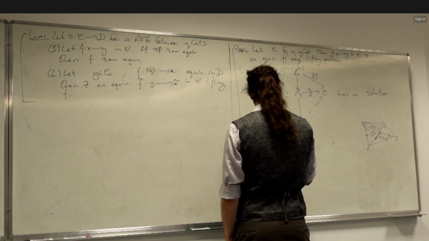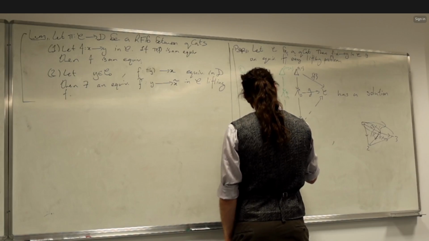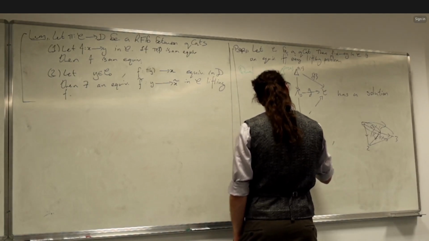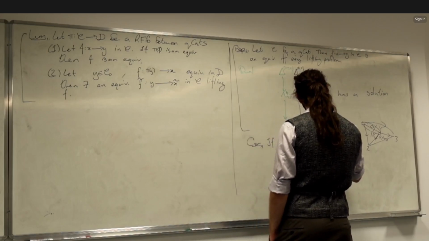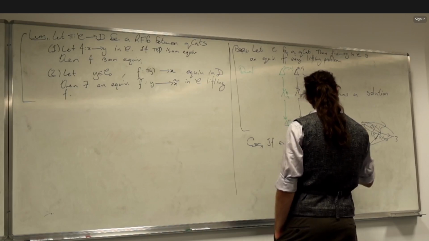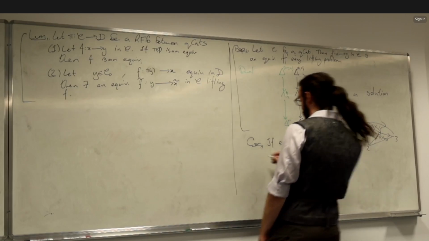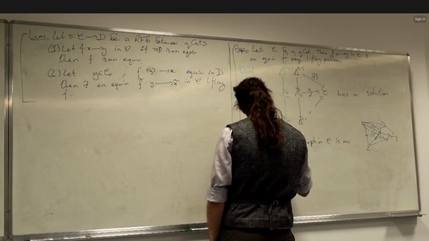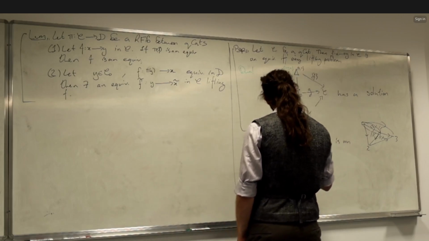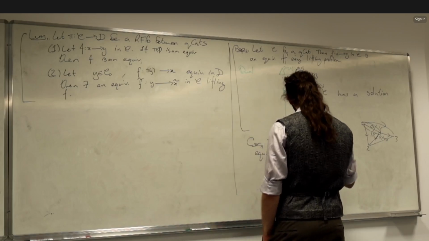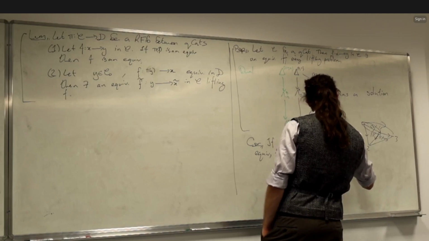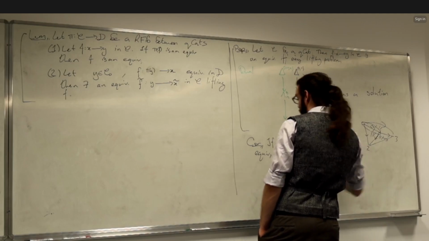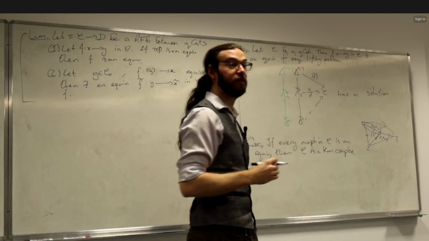Namely, if every morphism in C is an equivalence, then C is a Kan complex. That is an infinity group.